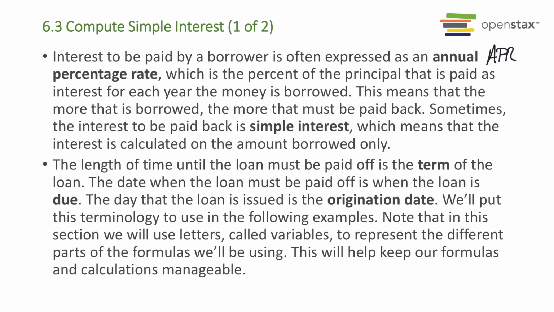Not only does a higher interest rate give you more interest to pay back or receive, but also the length of time in which the loan has to be paid off, which is called the term, or however long you keep the money in the savings account, which is still called the term, increases the amount of interest that you will receive.